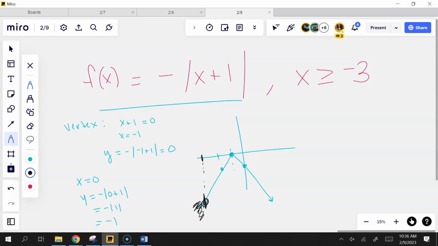So this is my point, and this is my graph. I'd have been the other side, and I wouldn't have worried about the vertex. So let's find out, what's this point right here?